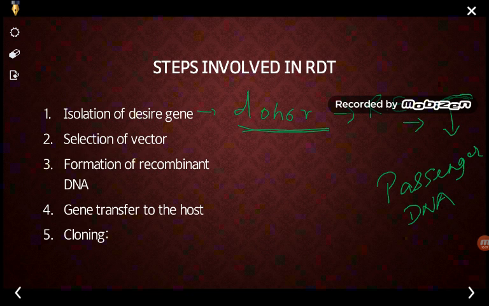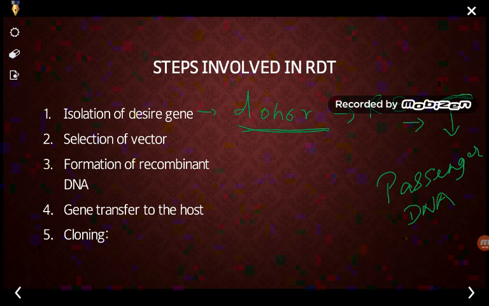Next is the selection of the vector. So a suitable vector, that is a gene carrier, is now selected. क्योंकि हमें उस interested gene को दूसरे vector में डालना है in order to bring about a particular function. एक living cell में डालना पड़ेगा, नहीं तो हम उसे कट करके डायरेक्टली जहाँ चाहिए वहाँ पे इम्प्लांट नहीं कर सकते हैं. क्यों? क्योंकि वो फंक्शन नहीं करेगा.